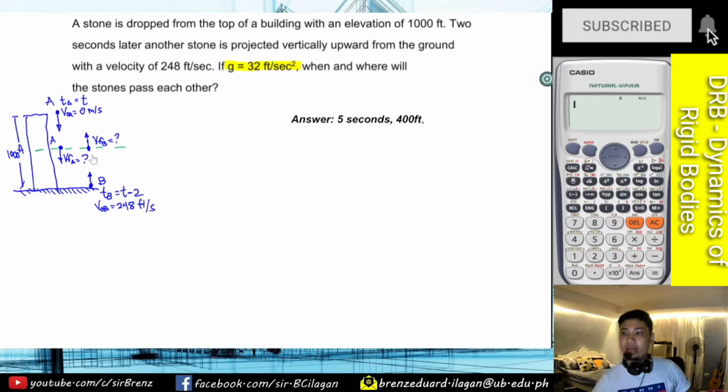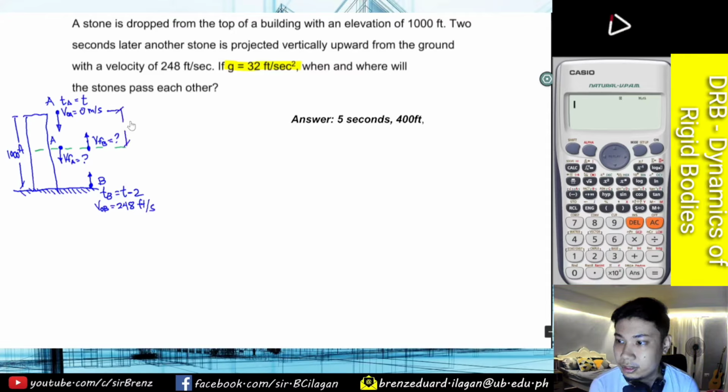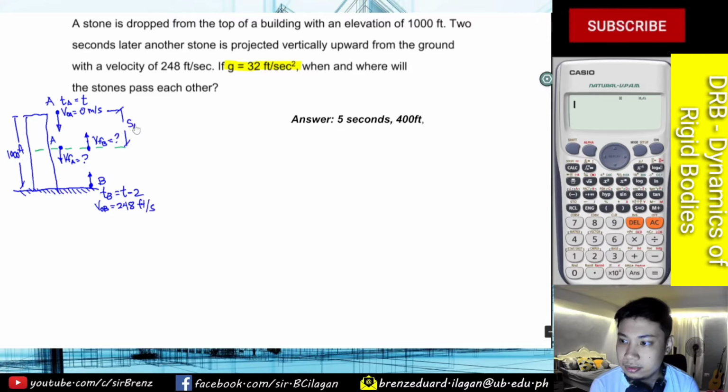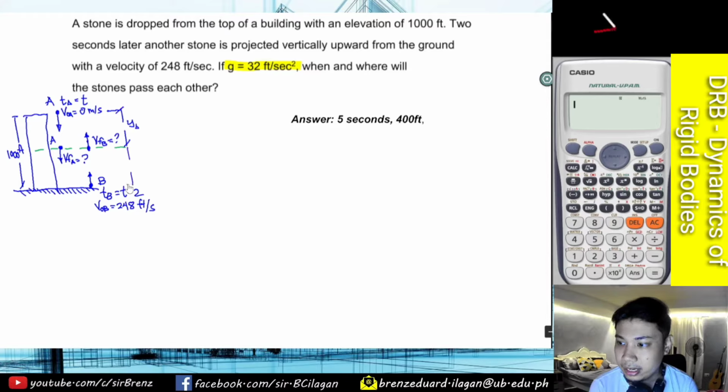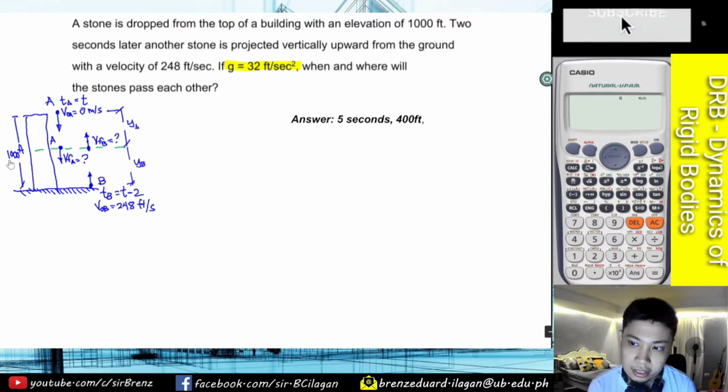So when and where will the stones pass each other? Again, I can say that this distance, let's call it the displacement of A. What is used in this problem is Y, so let's make it YA, but if you use S, that's no problem. And this, let's say, is your YB. If you consider this, it is 1,000 feet.